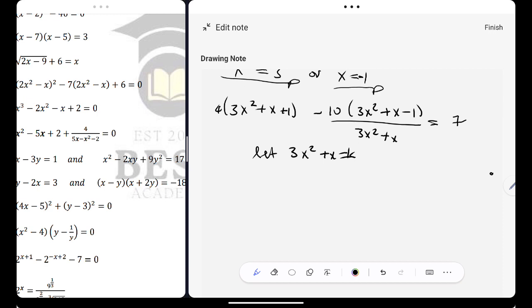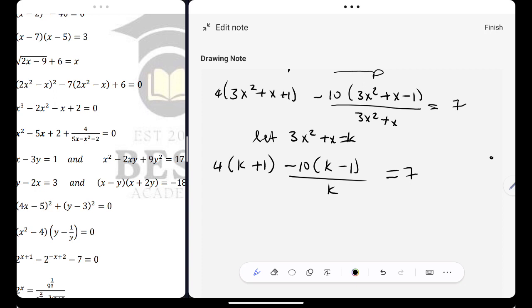Whenever I see 3x squared plus x, I'll just put k, because it's the only thing that is common. I have 4 over k plus 1 minus 10 times k minus 1 all over k is equal to 7.